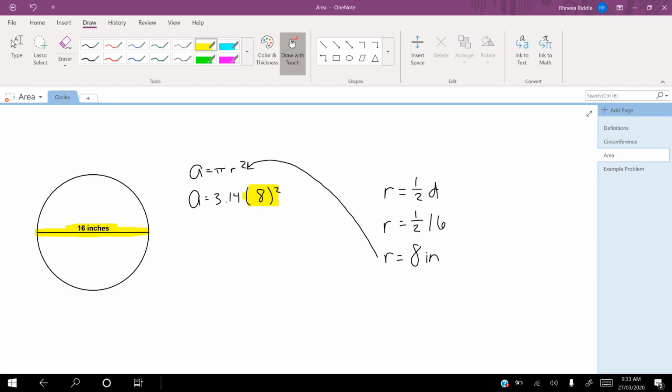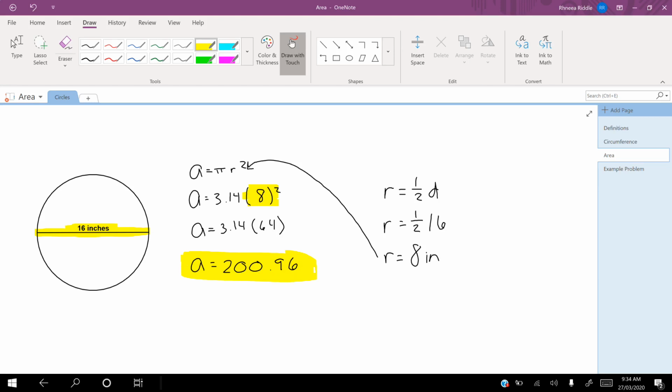So 8 squared gives us 64. So we get A equals 3.14 times 64. And now we can just multiply those two numbers together to get area equals 200.96. And that is our area for this circle here.